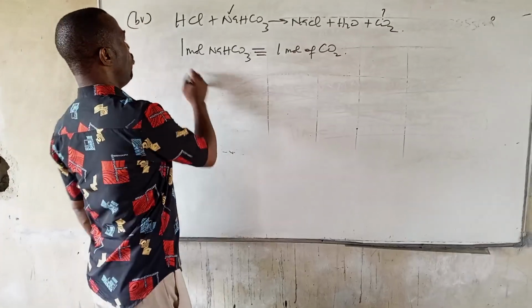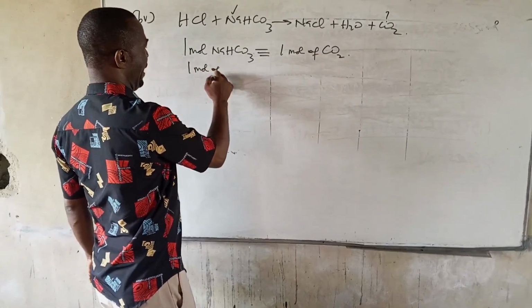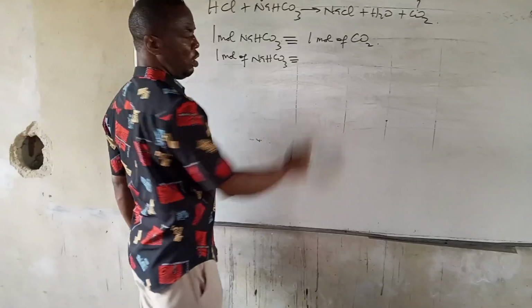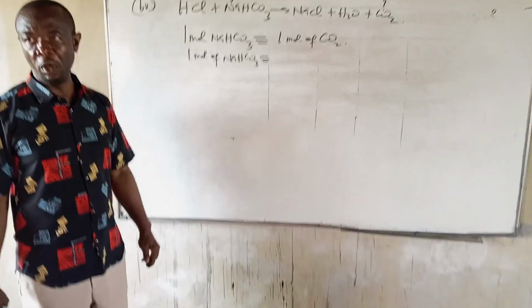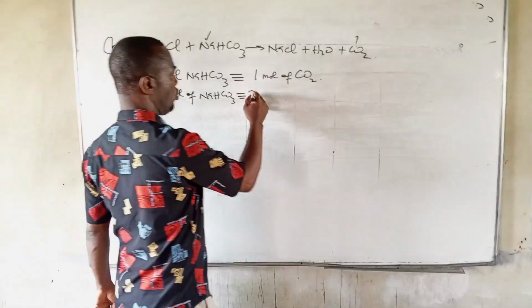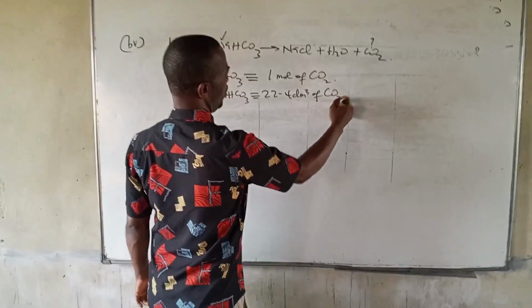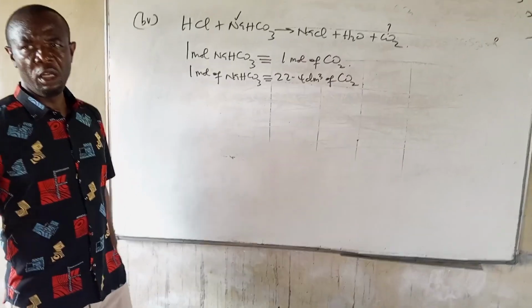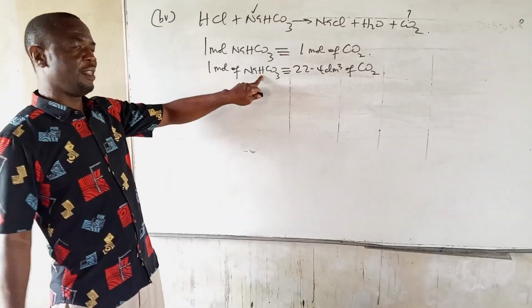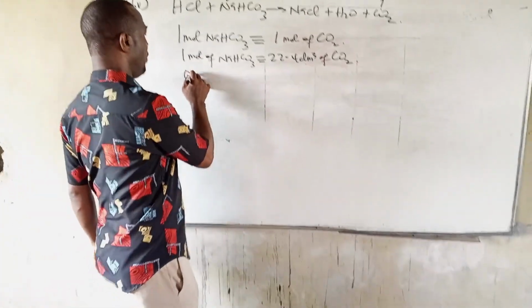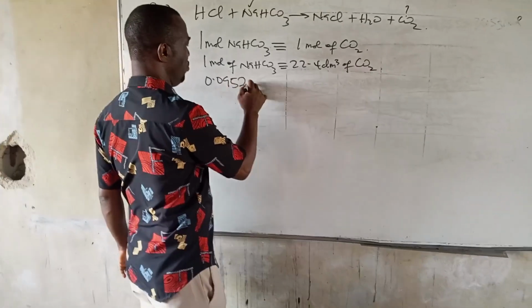Then 1 mole of sodium bicarbonate. You know that at STP, the volume of 1 mole of a gas is 22.4 dm cube. It liberates 22.4 dm cube of CO2. And then the number of moles of the bicarbonate in 1 dm cube, which is the molar concentration, CB, is 0.0952 mole.